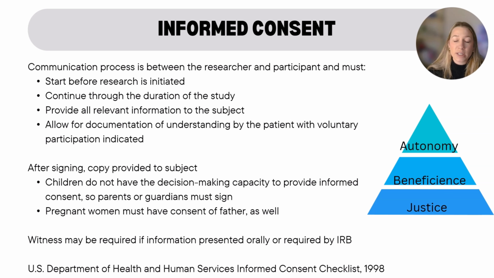These procedural steps are all part of the broader ethical obligation to respect and protect the autonomy of every participant in the study that may be affected. There is a checklist by the U.S. Department of Health and Human Services that outlines everything that needs to be detailed within the informed consent process, and this can be found on the HHS website, which is linked in your resources.